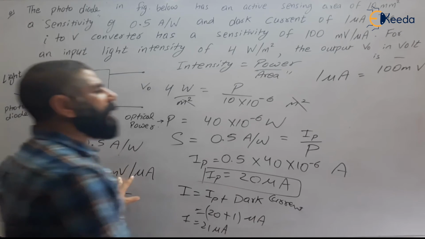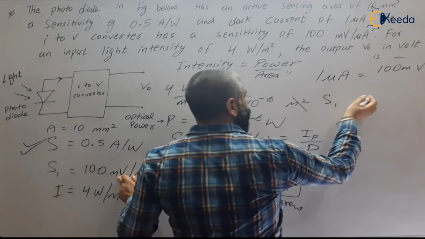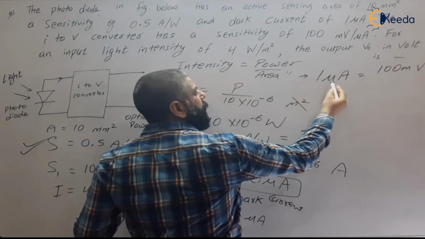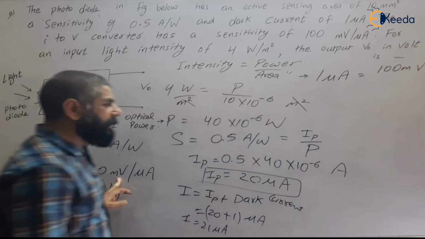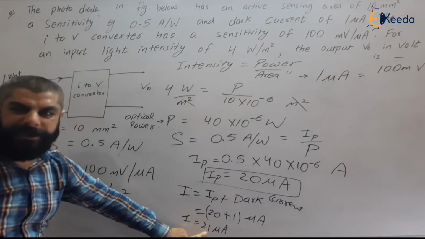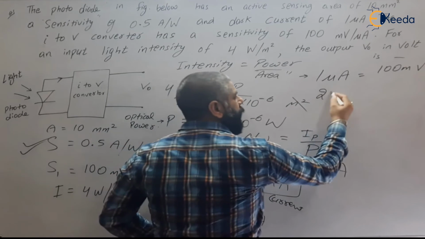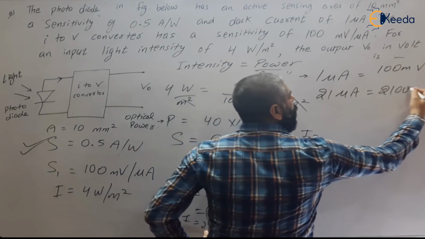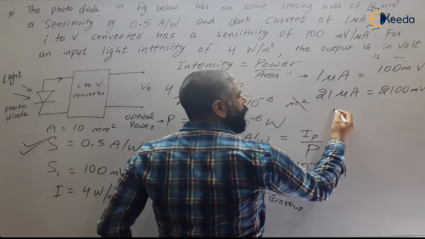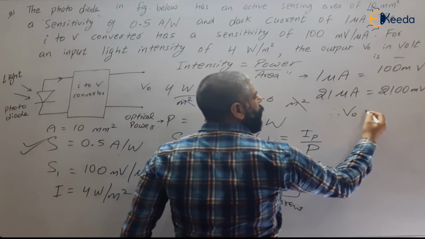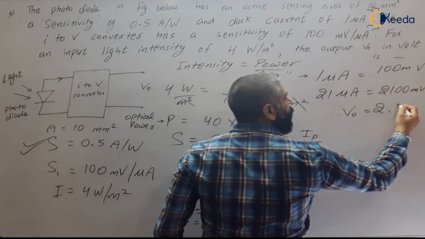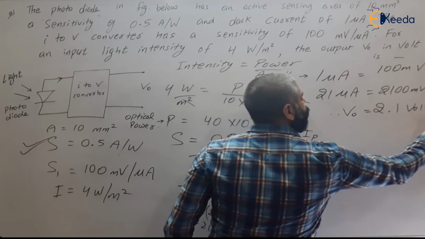So for an input current of 21 microampere, 2100 millivolt will be generated. So we can conclude that the output voltage V0 will be equal to 2100 millivolt, or simply 2.1 volt.